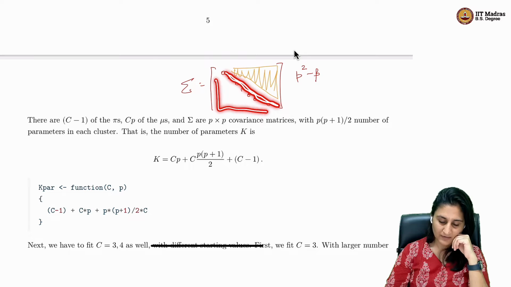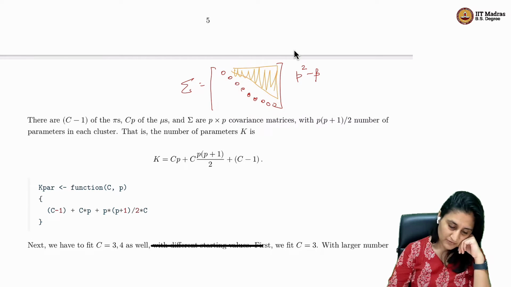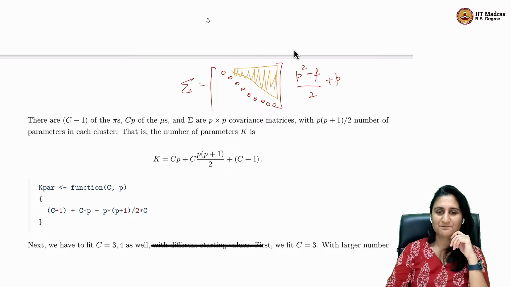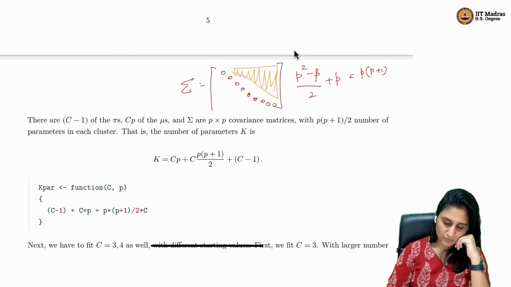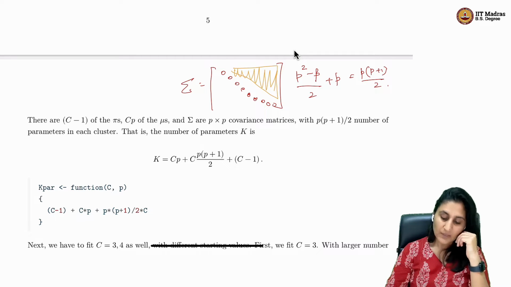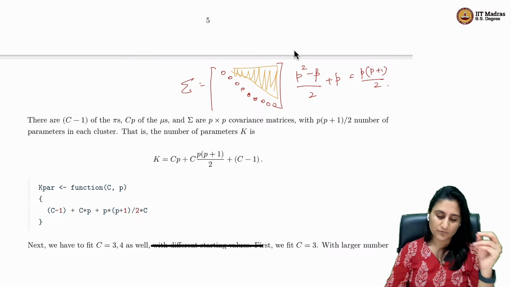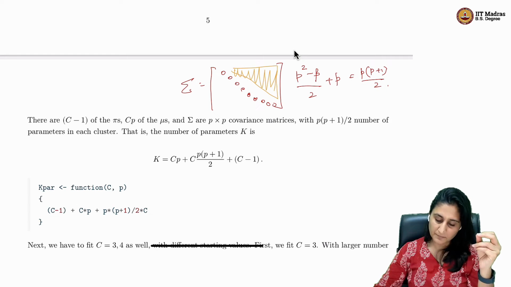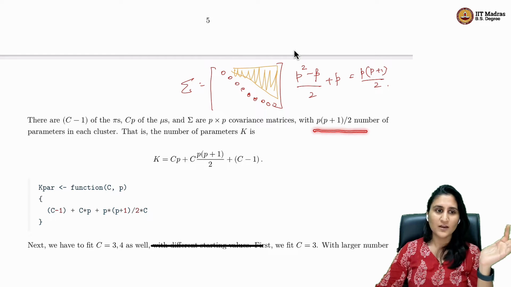So p squared minus p is this and this, right? And then I'm going to divide it by 2 to only get this part. And then I'm going to add p. Okay? And when I do this, this is p times p plus 1 by 2.